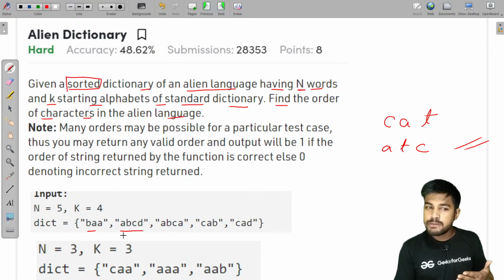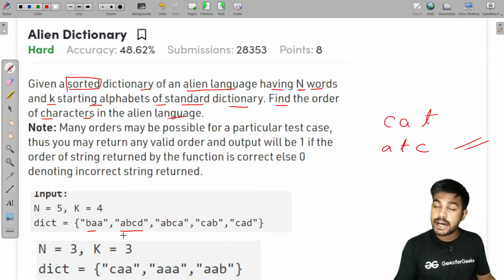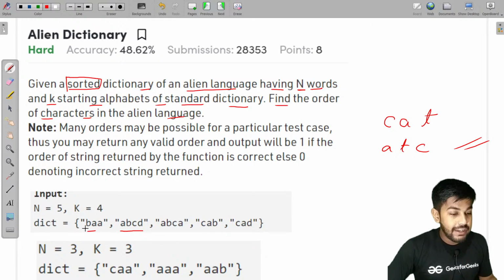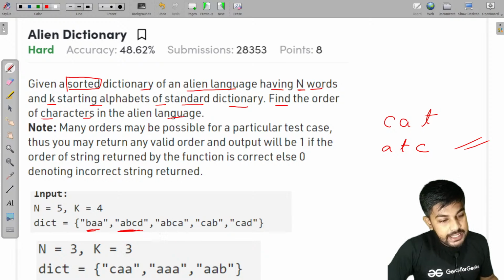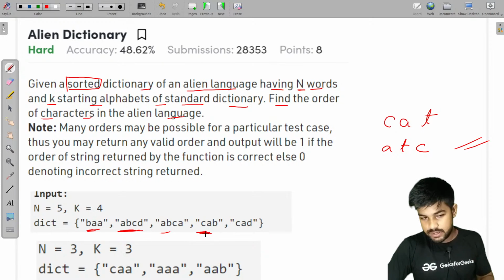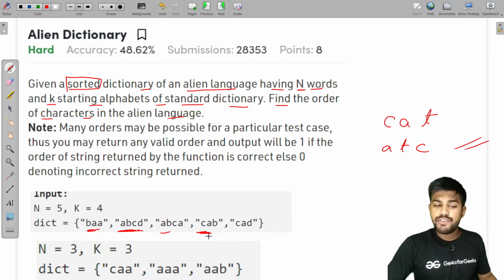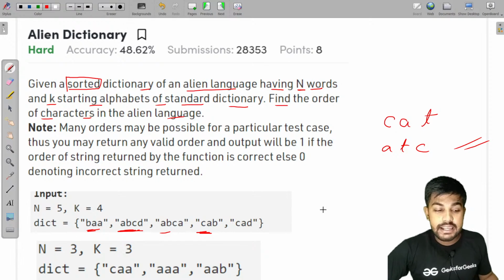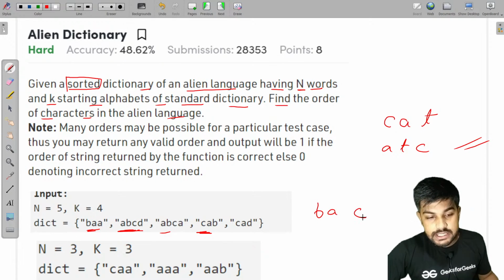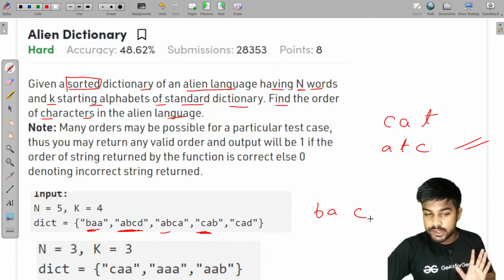The end would tell me the words that start with Z. So in their language, B comes before A, and then A, and then C is coming after. So we can see this and tell that B, A, C, this order would remain.